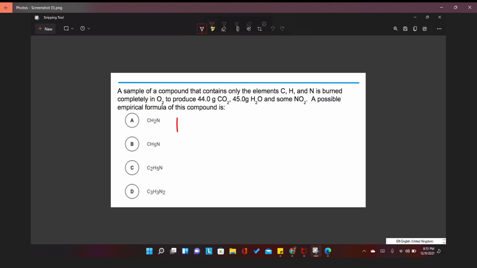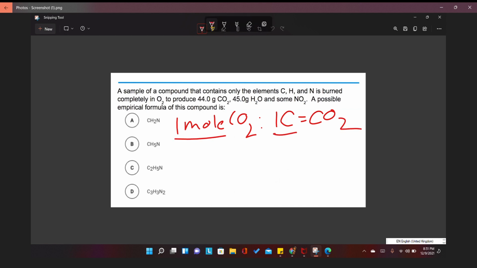So again, 1 mole of CO2. Now in your previous classes, you've learned that 1 carbon is in CO2. So 1 mole of CO2 will equal 1 mole of carbon. Rewind that again if you didn't understand it.